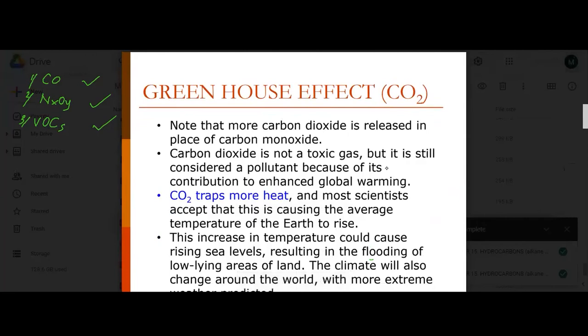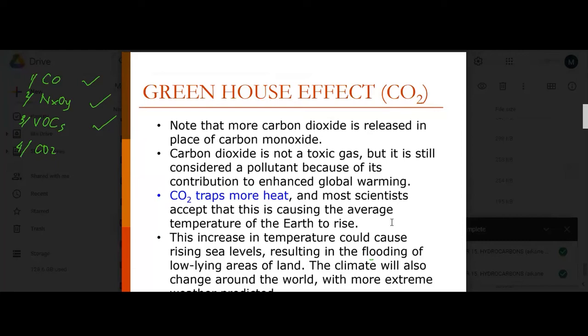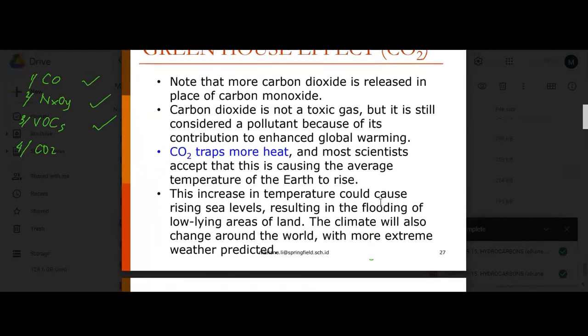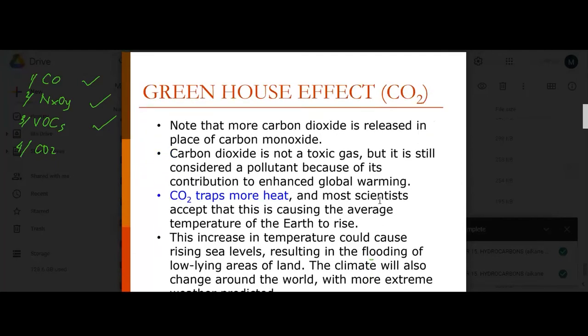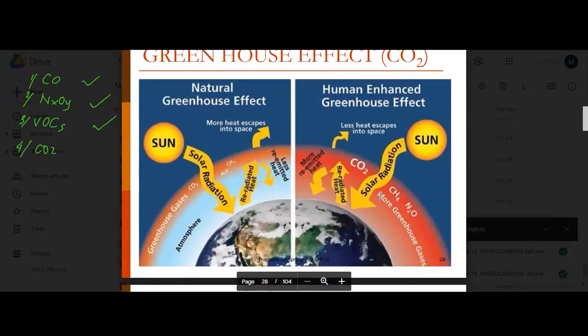The fourth pollutant that we will learn here is CO2. CO2 actually is not too harmful for human beings, but it affects the environment a lot, since CO2 traps more heat, known as global warming. It raises the temperature of Earth. CO2 is actually a natural gas.